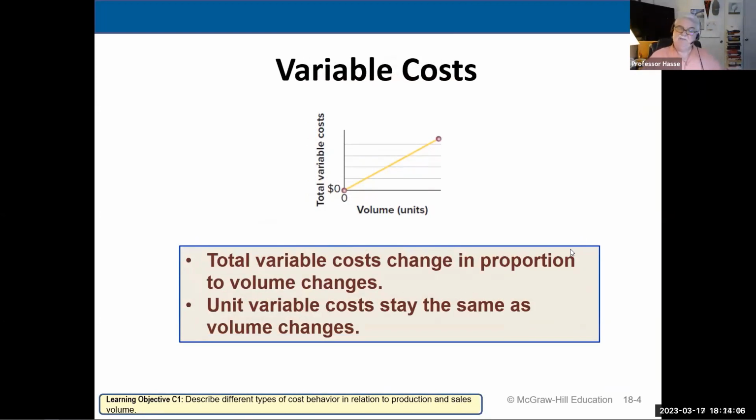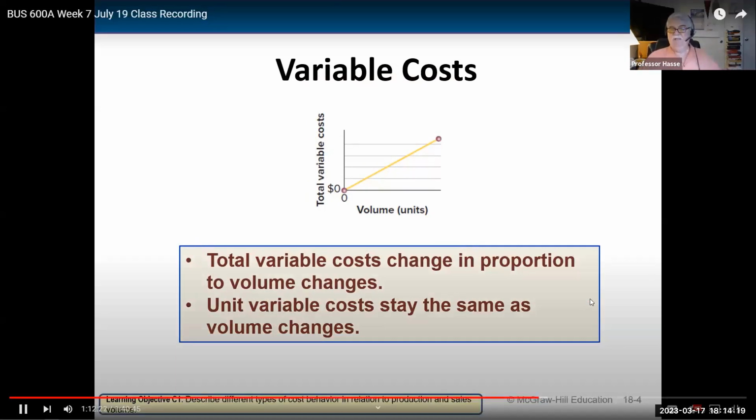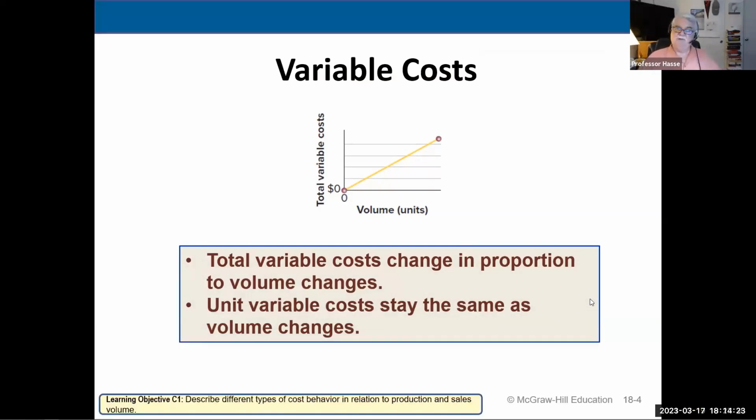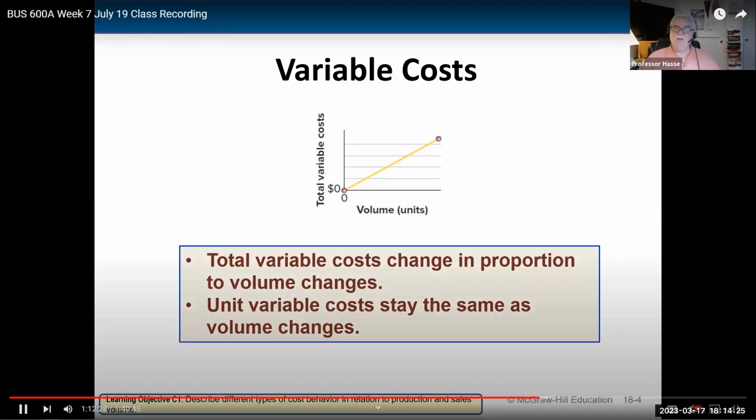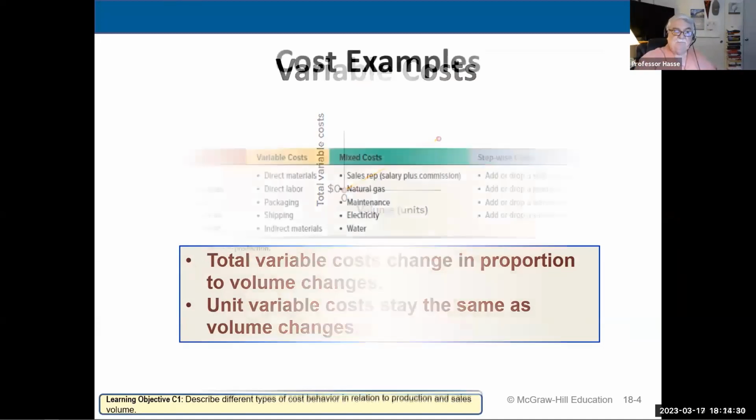But on a per unit basis, they're always the same. Like in this last example, 50 cents a unit or whatever. Variable costs change with volume, but on a per unit basis, they stay the same. Fixed costs stay the same, but on a per unit basis, they always change according to volume. That's an interesting part of all this.